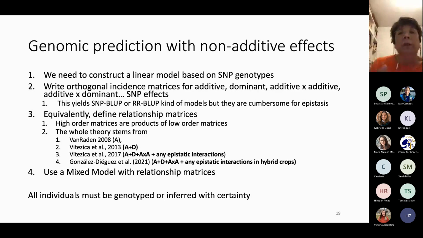Once we have all these relationship matrices, we put them in mixed models and use all the things that we know. Remember that all individuals must be genotyped or inferred with certainty.